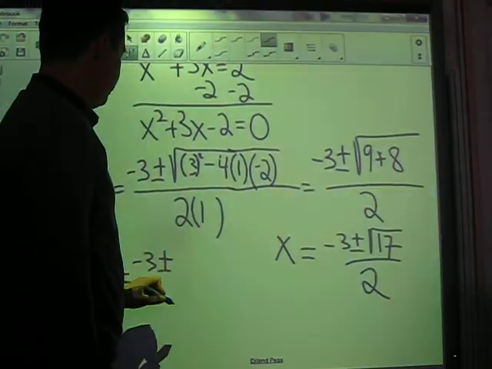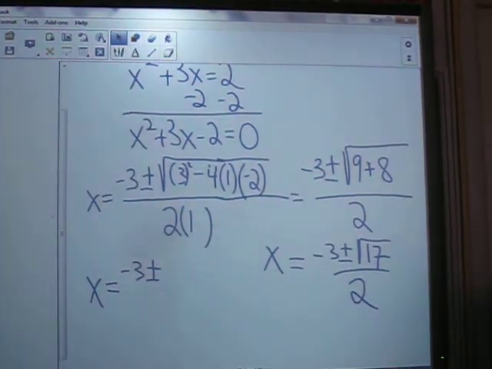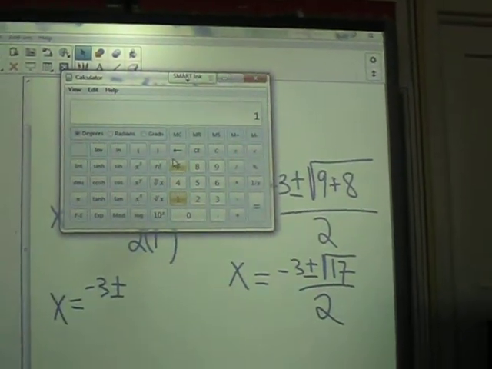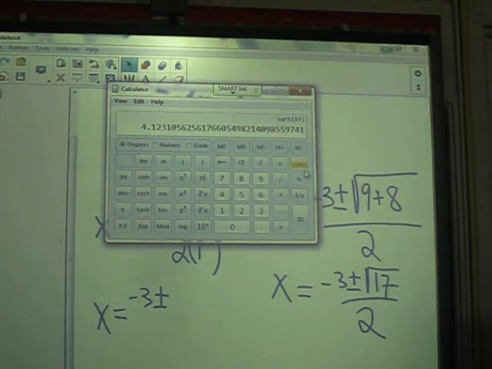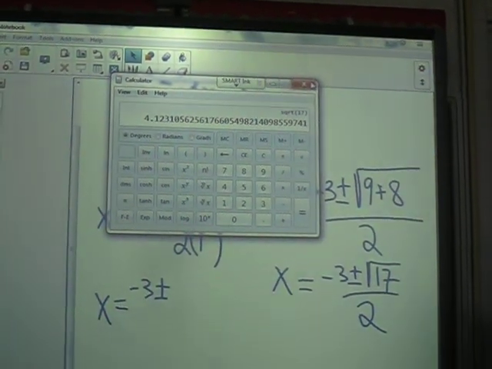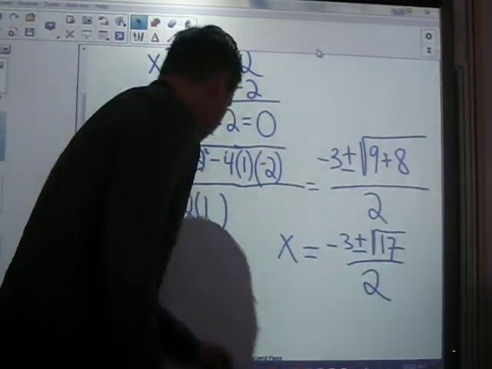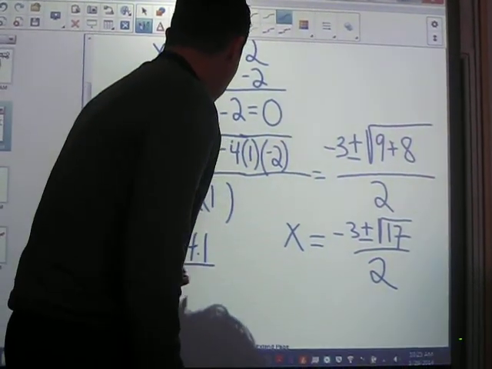-3 plus or minus, I'm going to approximate root 17. That's why I pulled up this calculator, guys, so that we could do this. So we have 17, and we take the square root of that, and we get about 4.1, all over 2.